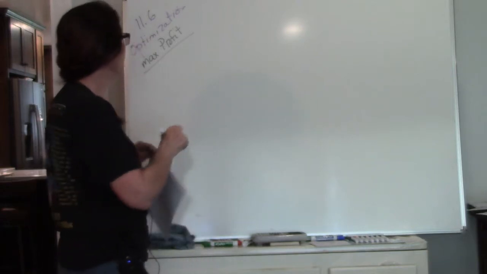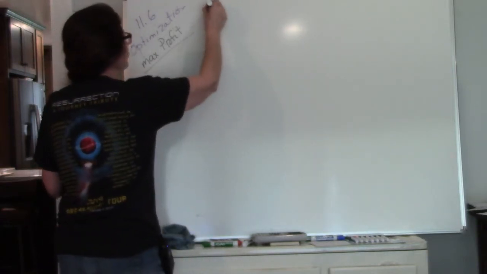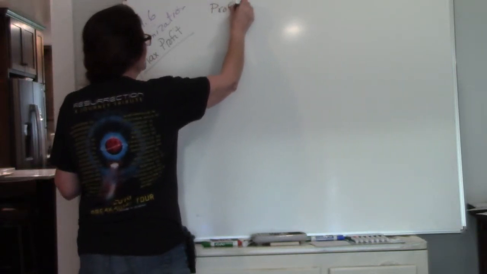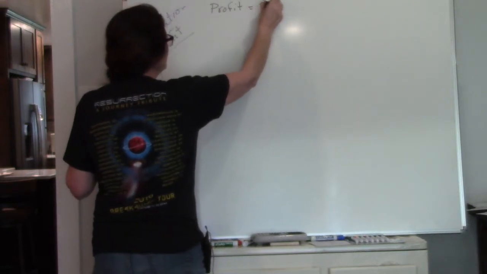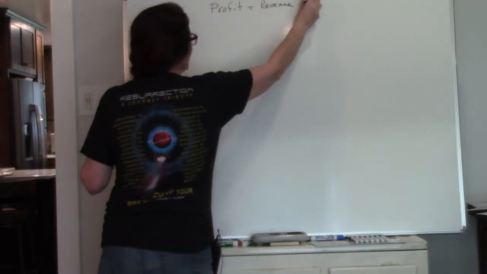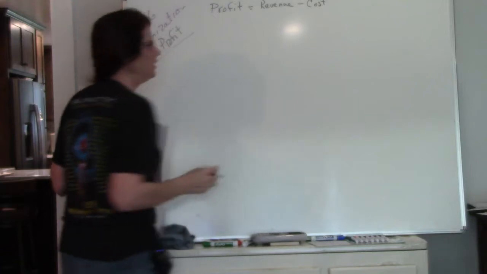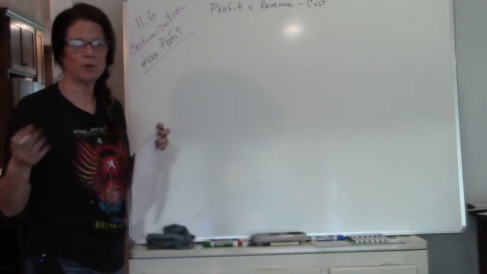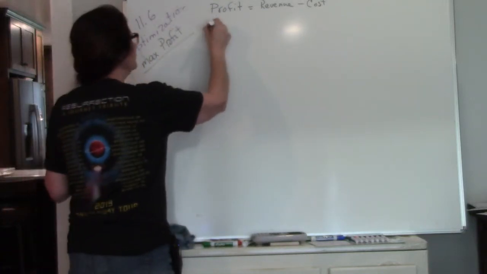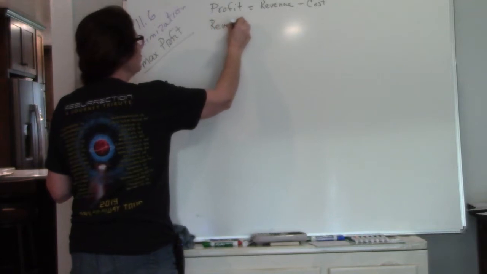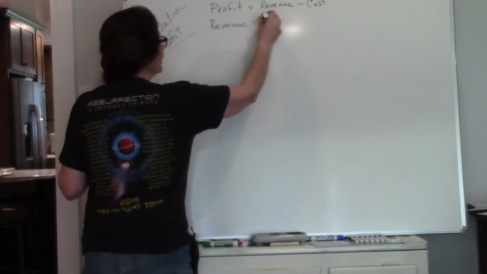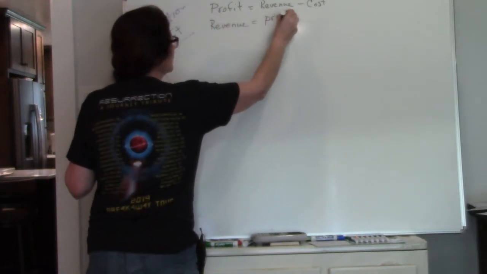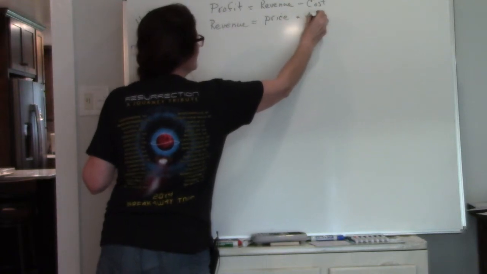So remember, whenever you're looking for profit, profit is your revenue minus the cost. Revenue is found by the price times the number of items.